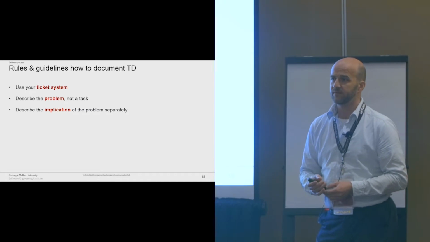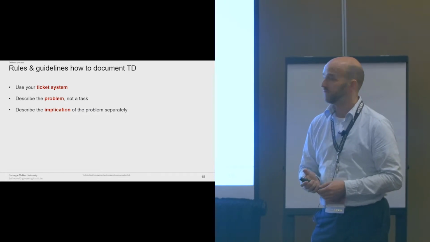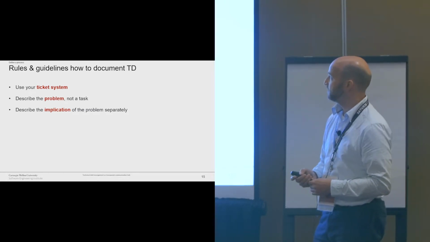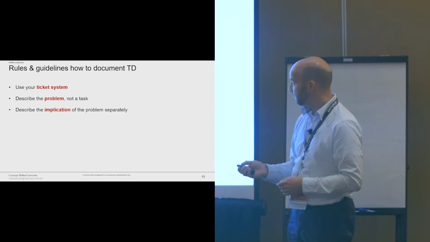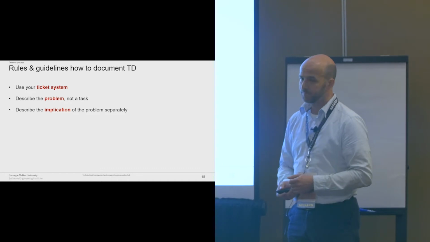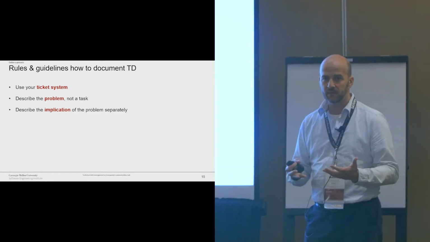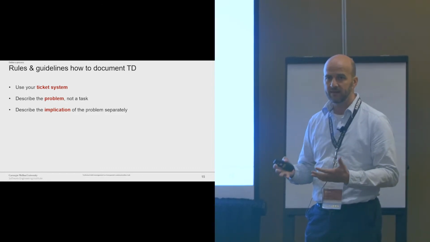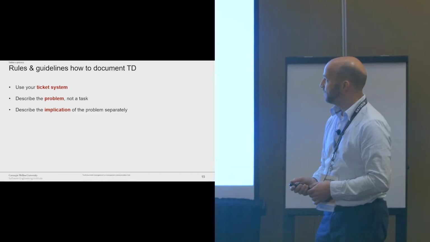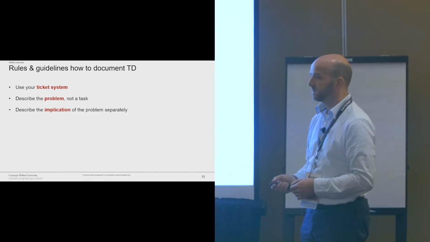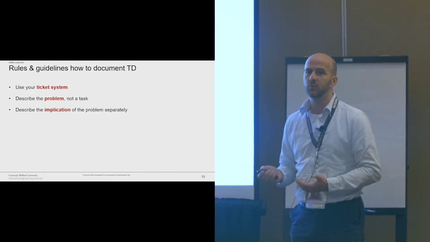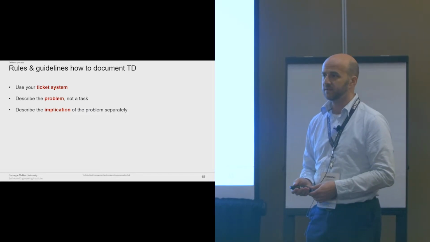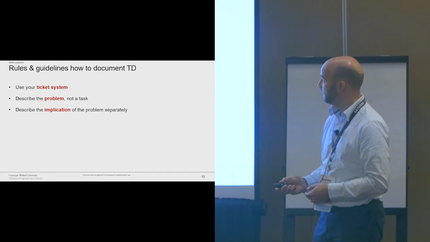The implication of the problem is what we suffer from, what we have to pay daily. The best would be if you could quantify this, but in many cases it is just not possible. At least to qualify it, that's for sure possible.